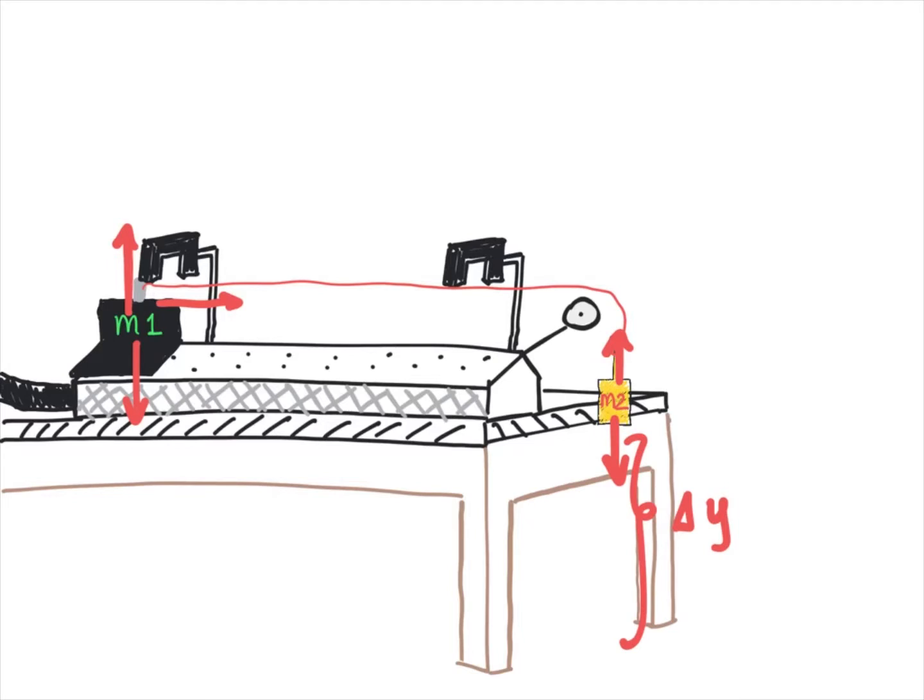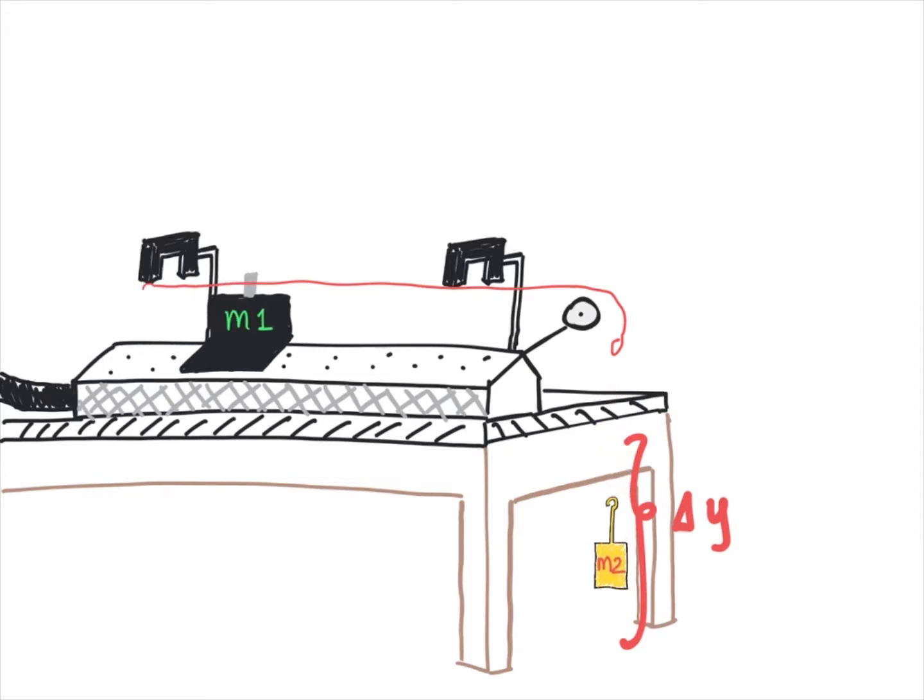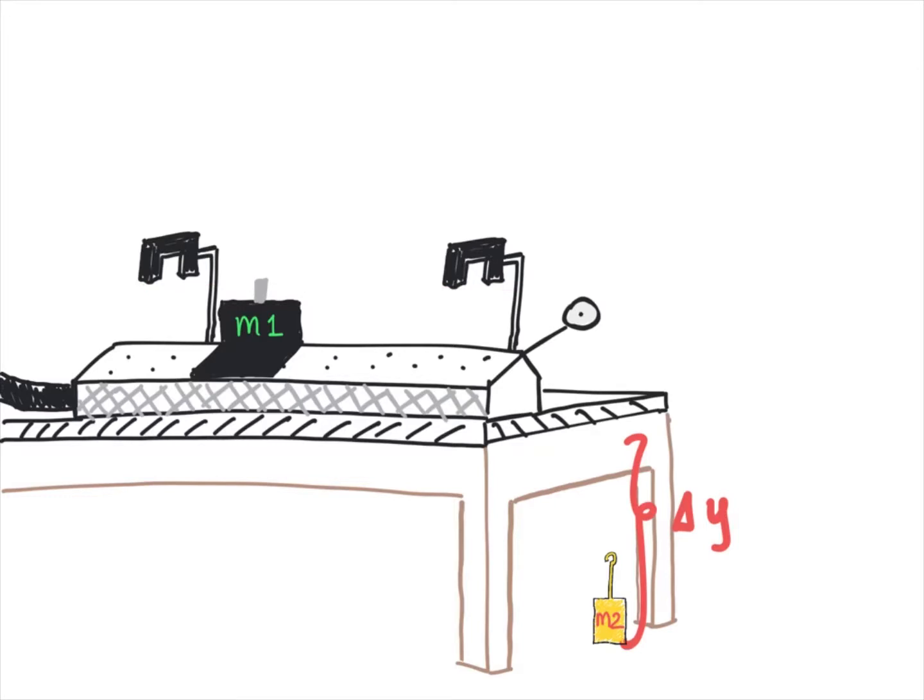And as a result, mass 2 goes down, pulling with it mass 1 until mass 2 ends up on the ground. Now, when mass 1 starts to move, it's going to trip this photo gate, and that's going to start the timer.